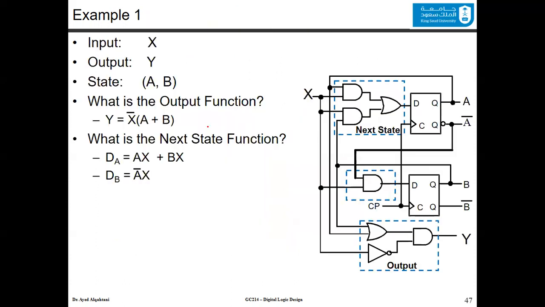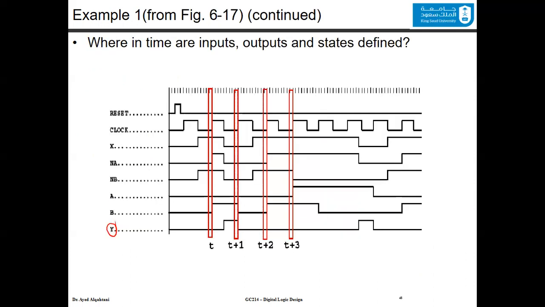Going back here, this flip-flop is a rising edge. This flip-flop also is a rising edge. So since we have a rising edge flip-flop, we only care about whenever the clock is rising, meaning this red box. At the rising points, you care about them only. And then you try to figure out what is the output Y.